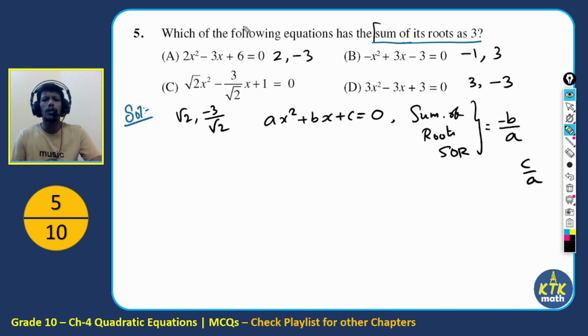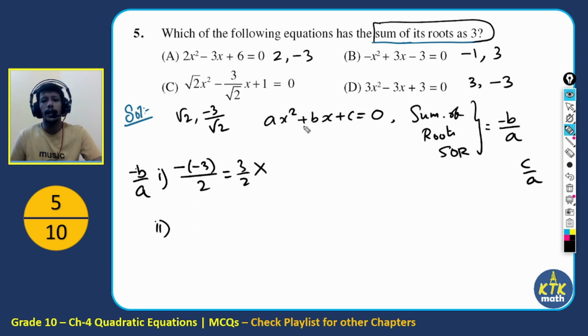Now start substituting the values. You will see which one gives the sum 3. In the first one you are getting negative b by a, negative of negative 3 by 2, which is 3 over 2, so not an answer. Second one you are getting negative 3 over negative 1. Here you are getting 3.